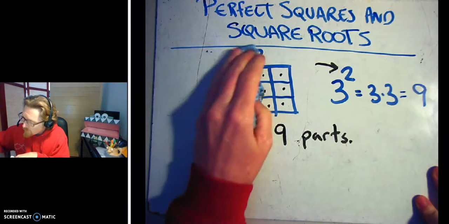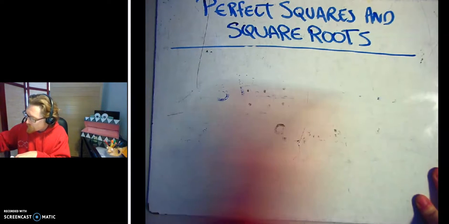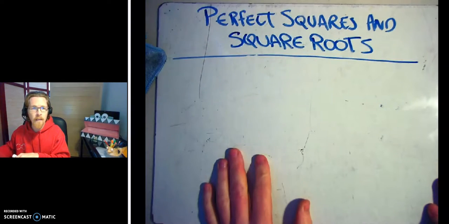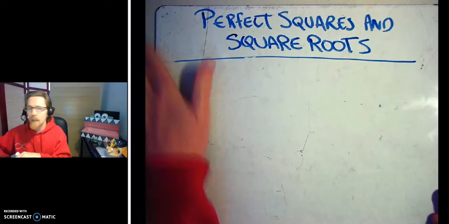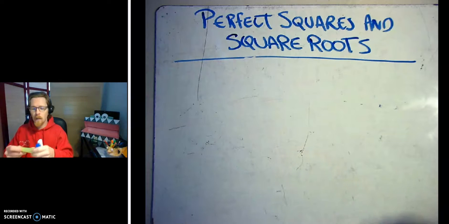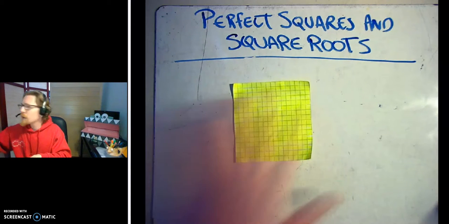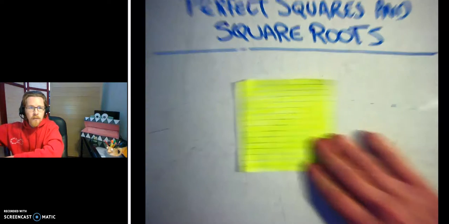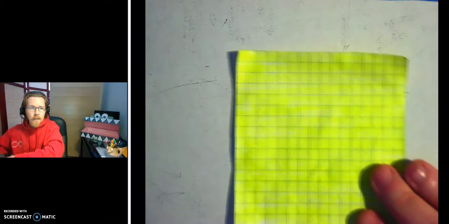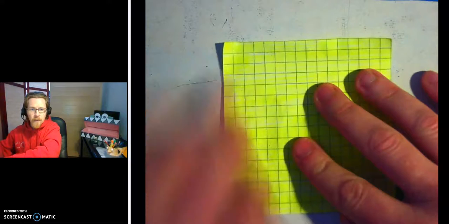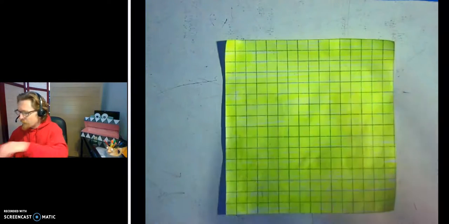Now, I want to talk about perfect squares. Perfect squares kind of come from that idea of a square. They're unique numbers in the integer family. So let's take a look at some squares, and I'm just going to zoom in really quick. Let's say that every 2 blocks represents 1 on this piece of paper.